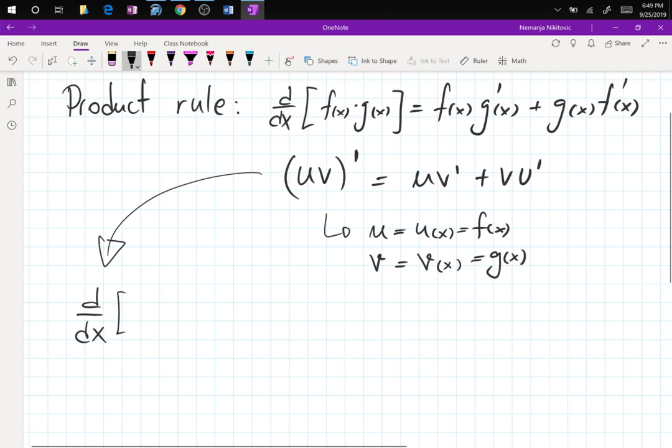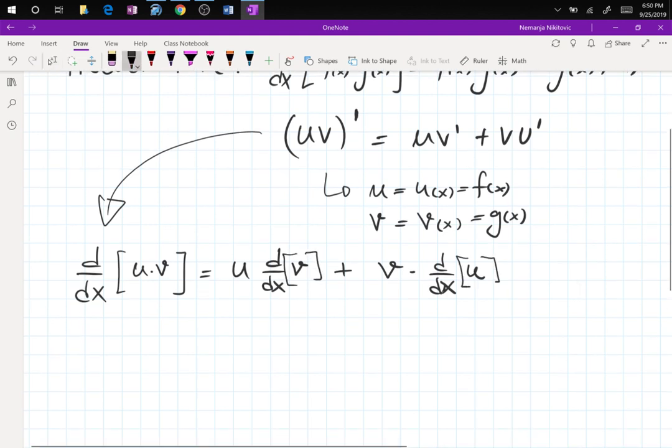So the derivative of u times v is going to be u times the derivative of v plus v times the derivative of u. Right? So this is what we are dealing with. Bueno?